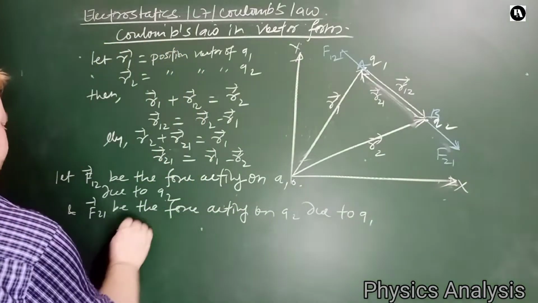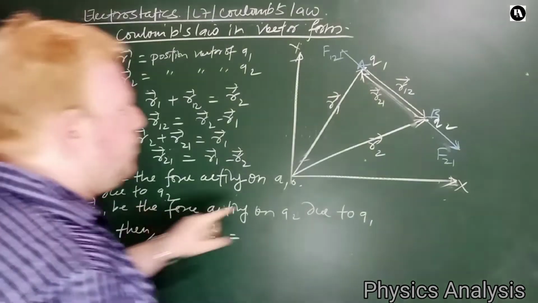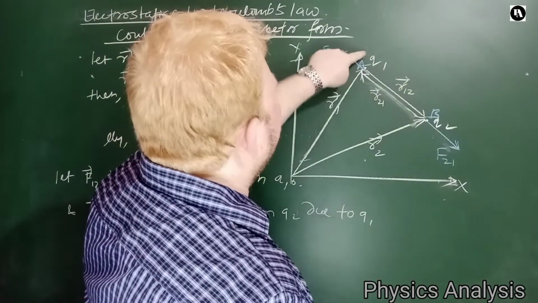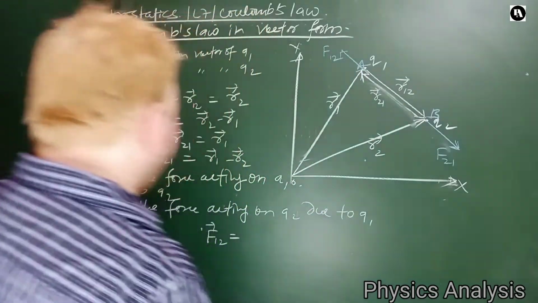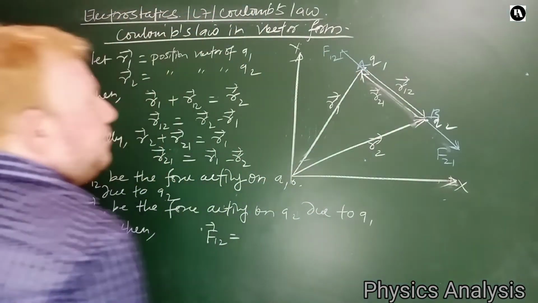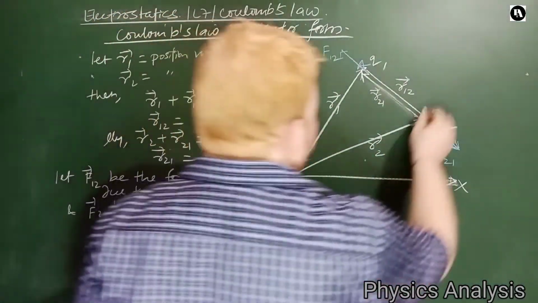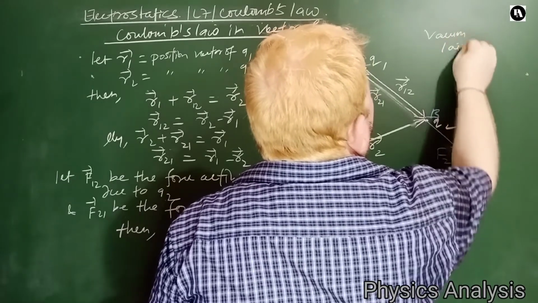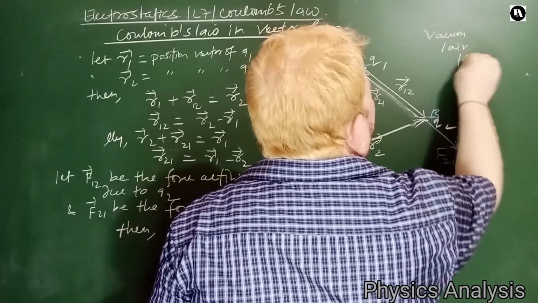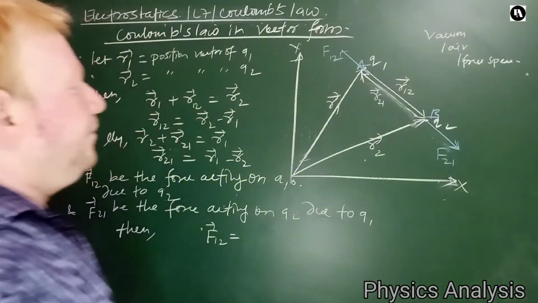Then F12 means force acting on 1 because of 2. So I will take direction this way. F12 is equal to, remember both the charges are placed in vacuum, air or free space. Don't be confused, dear students, right?